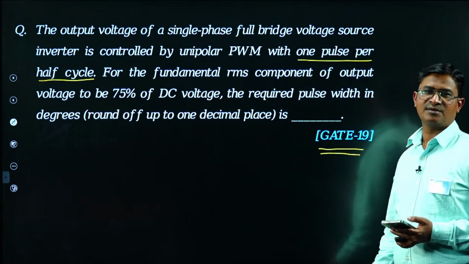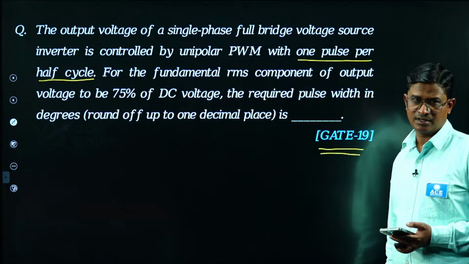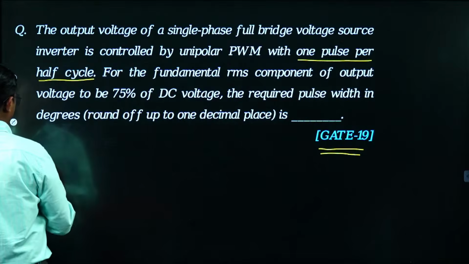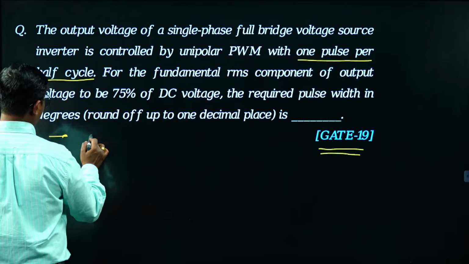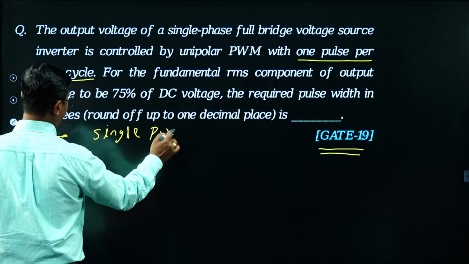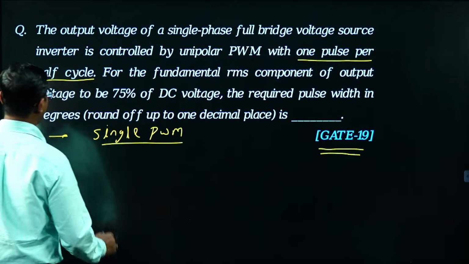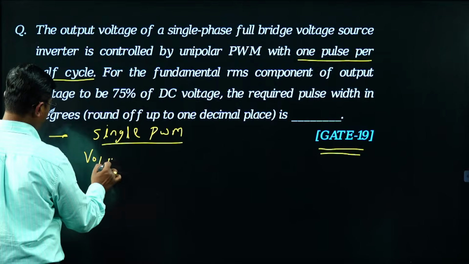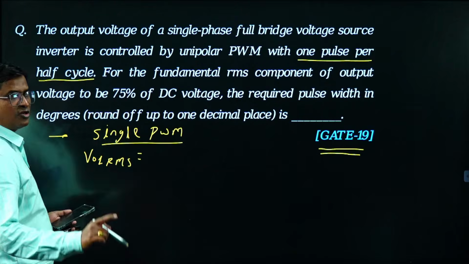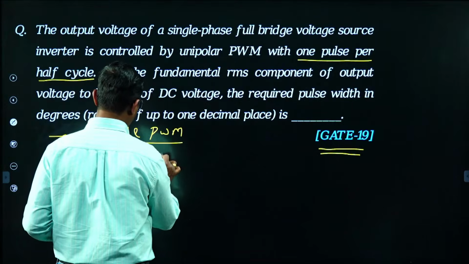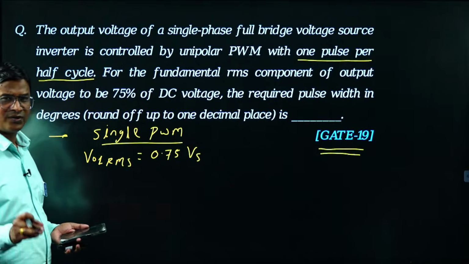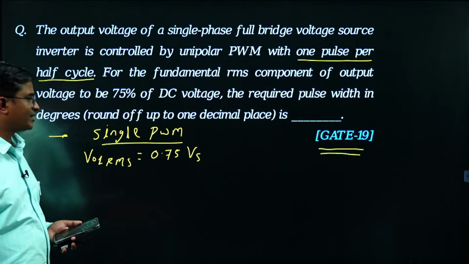1 pulse per half cycle means single PWM, so here we can simplify this with single PWM. It is given that V01 RMS is equal to 75% of DC voltage, that is 0.75 into supply voltage Vs. You can write Vs or VDC, it doesn't matter.